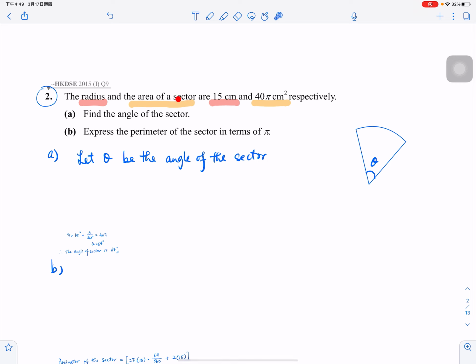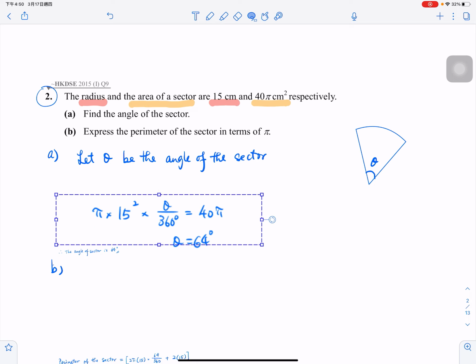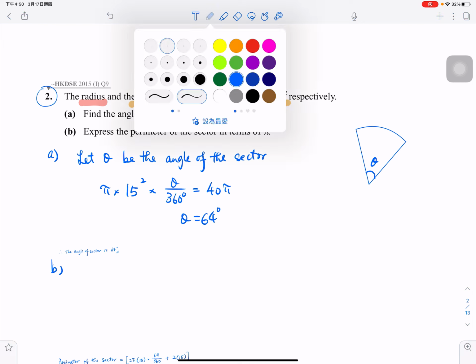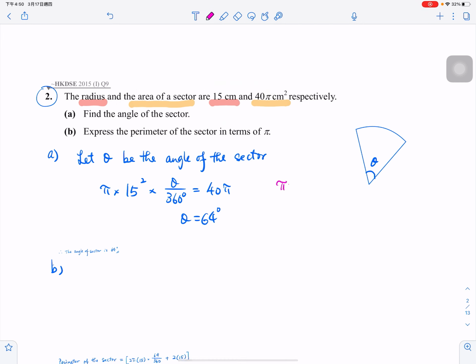Area of sector is related to theta because the area of a sector is part of the area of a circle. It depends on theta, right? So I think you remember. Pi r squared, the area of circle, times theta over 360 is the formula of area of sector.